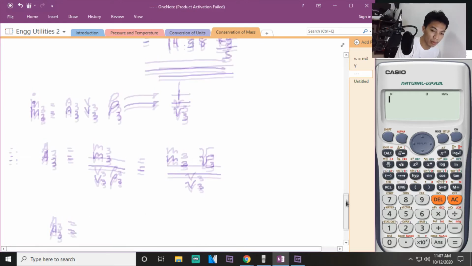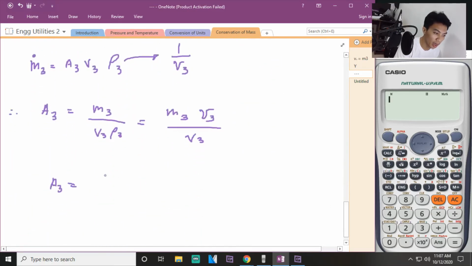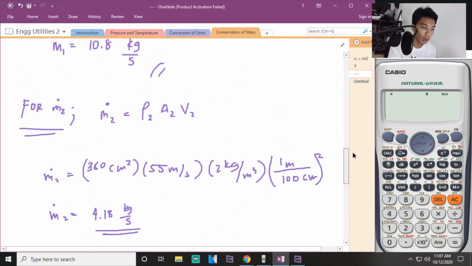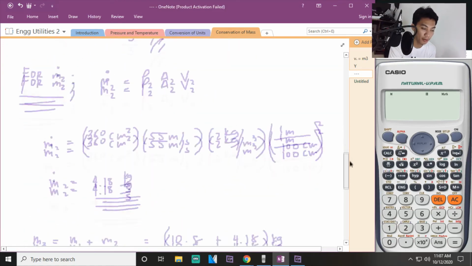So, M3, ano ba yung M3? 14.98 kilogram per second. Tapos, V3. Okay, velocity. Hindi, specific volume dapat yan.